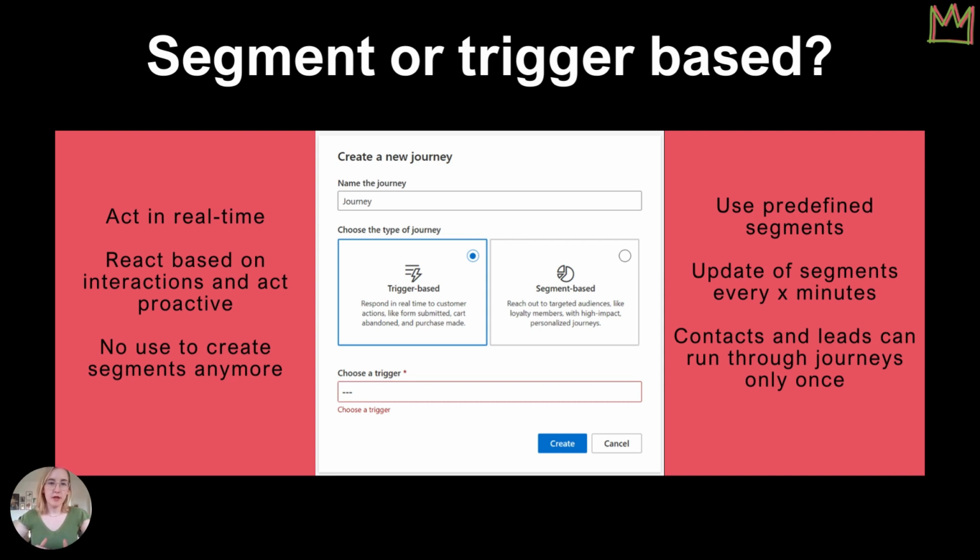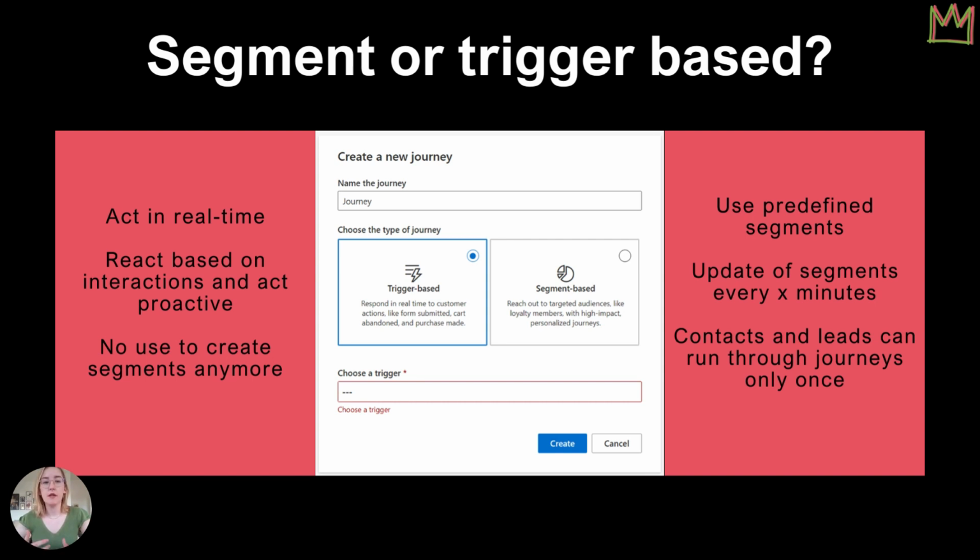On the other side, we have the triggers, and these are really new for real time marketing, and I really like them. It's my favorite new part of real time marketing because it offers us so many new functionalities. First of all, we can react in real time. So we don't have to wait for a segment to be updated or to be created, but we can react in real time and based on interactions.